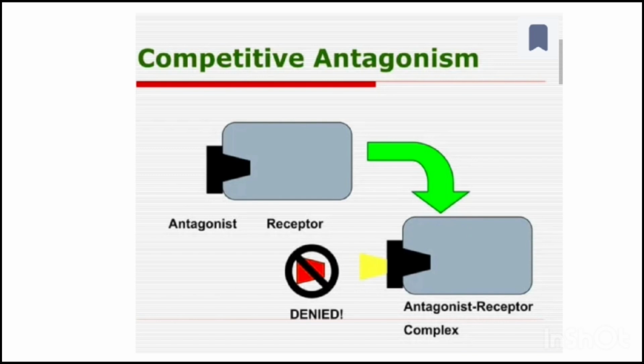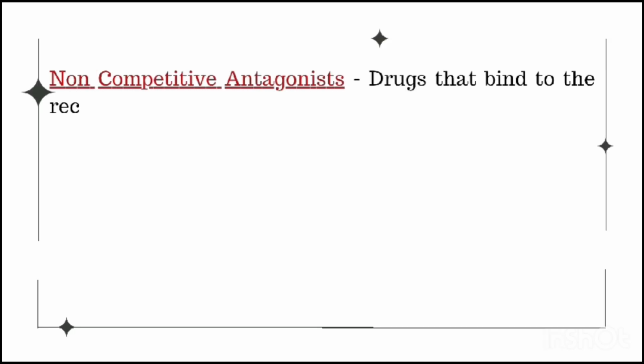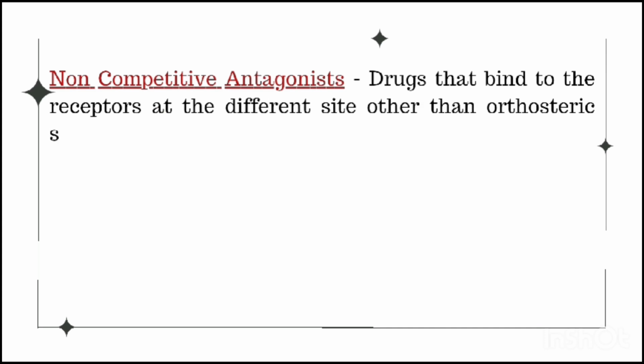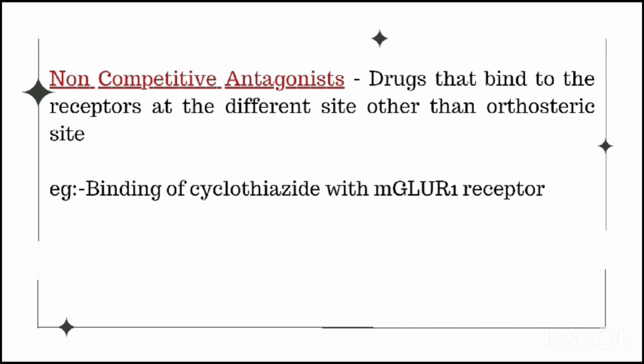Example is IL-1RA protein. Now this is an example of competitive antagonism, where the yellow is taking the place of the red and they do not form any kind of activity or response. The second type of reversible antagonist is non-competitive antagonist. That is, they bind to the receptors, yes, but at a different site, unlike the competitive antagonist.